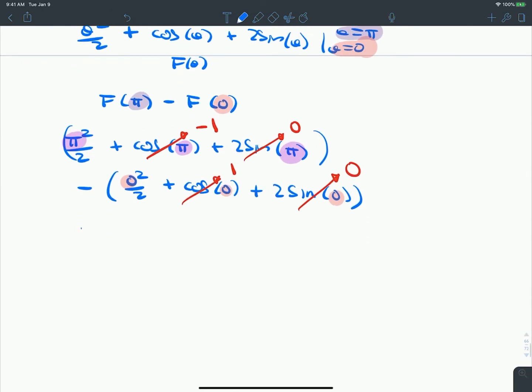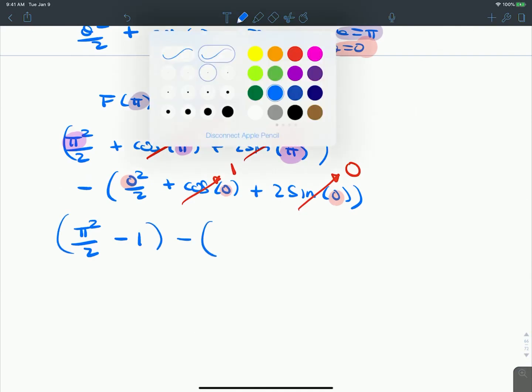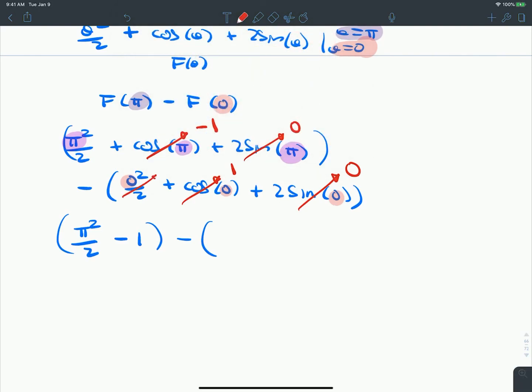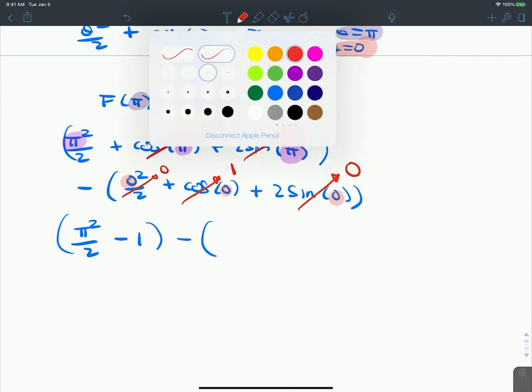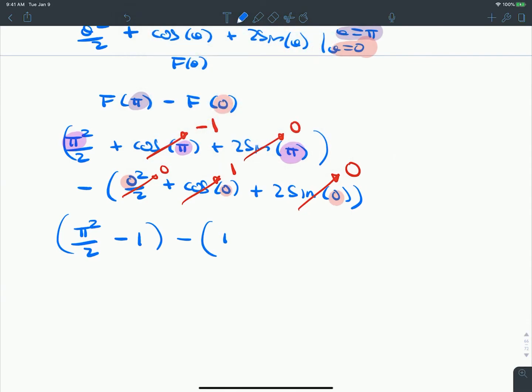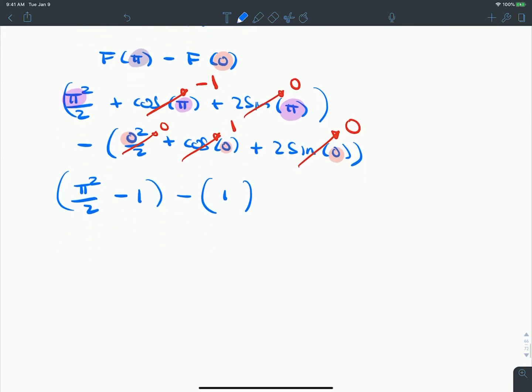So let's put this together here. We get pi squared over 2 minus 1 because we add a negative, and then we have a 0. So here's my first parentheses. And then I have, let's look at these details here. This is also 0. So I have a minus 1 here. So if we remove our parentheses, we get pi squared over 2 minus 1 minus another 1, which gives us pi squared over 2 minus 2.